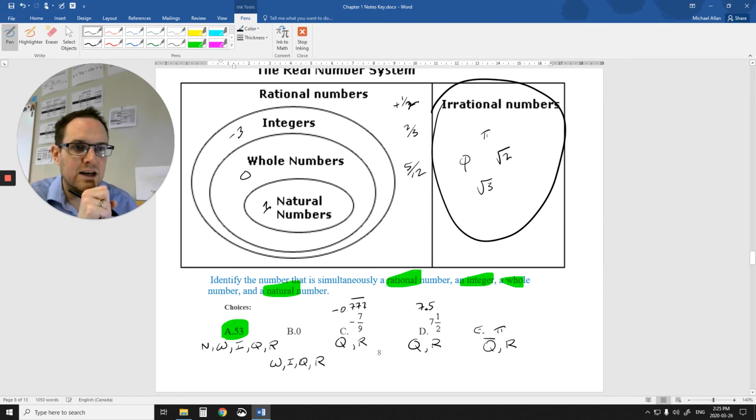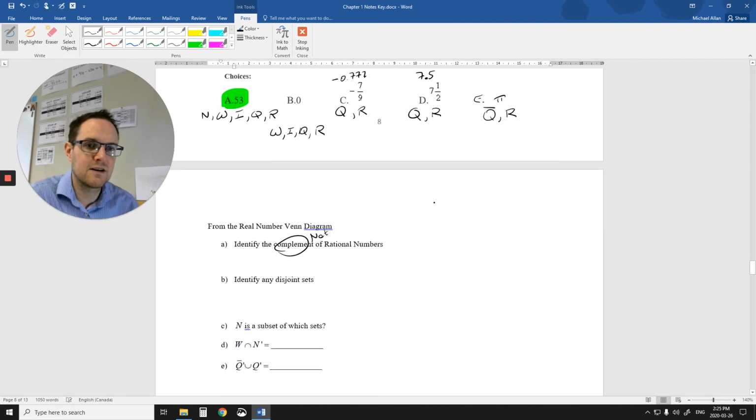So what's not a rational number is all this irrational stuff. So that would be irrational numbers because they're disjointed. Oh, that just answers this question here. The sets Q and Q not, technically a not in some computer science stuff, are disjointed.